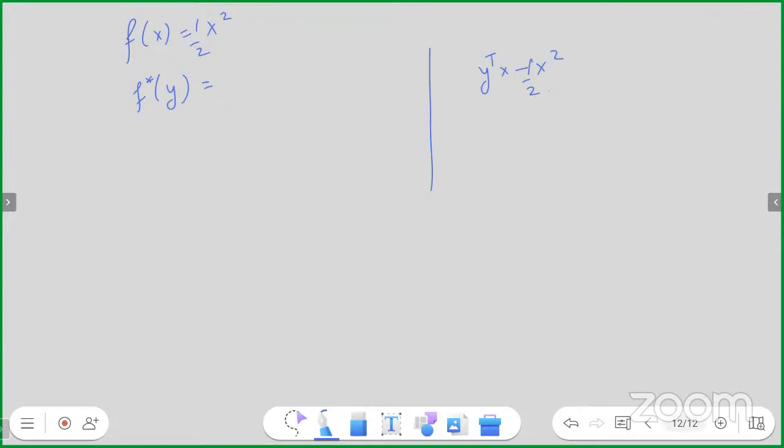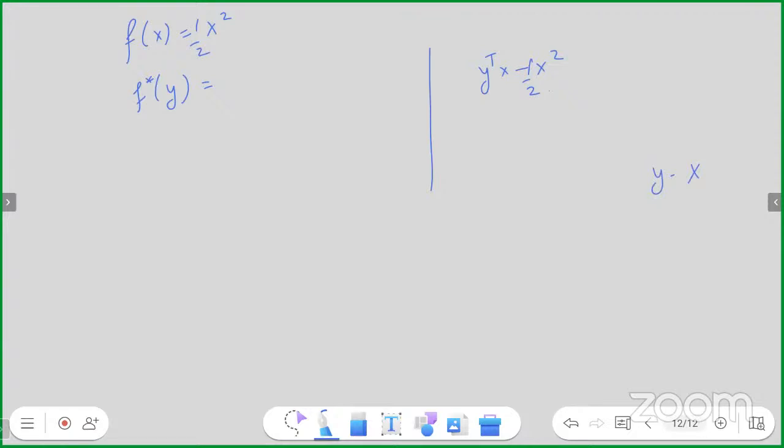So what is the supremum of this? Just brutally differentiate and put it there. Y minus x, so x equal to y.